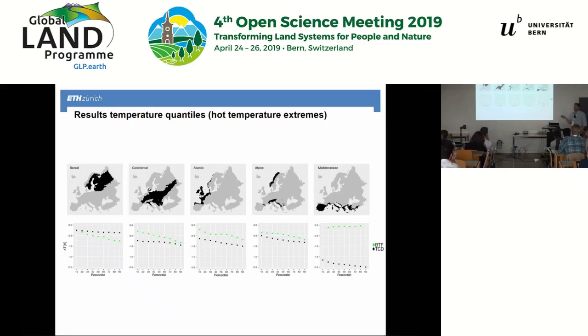And what we can also see is that the cooling effect of replacing needle-leaf trees by broadleaf trees seems to be higher in the boreal region than the effect of increasing the tree cover density. And this seems to be the opposite in the Mediterranean, where increasing tree cover density seems to be particularly important.